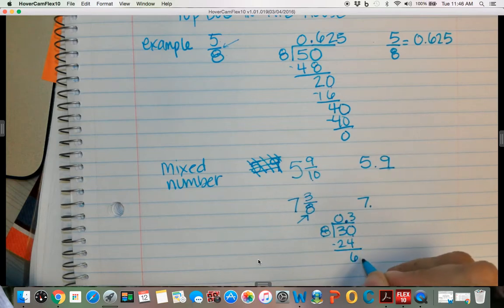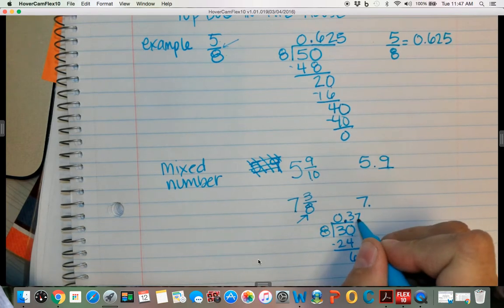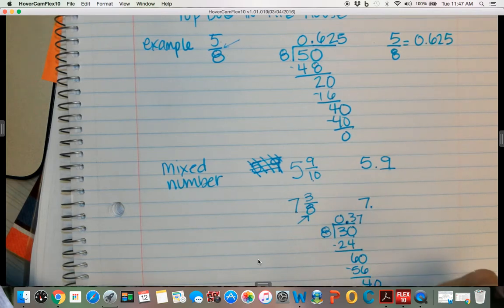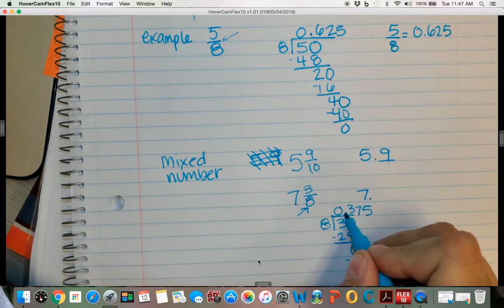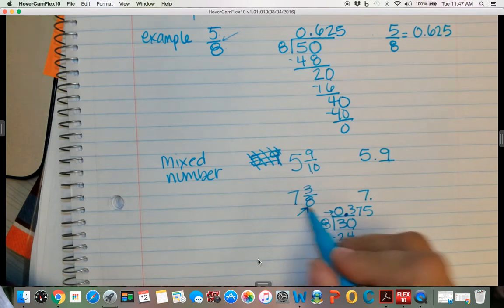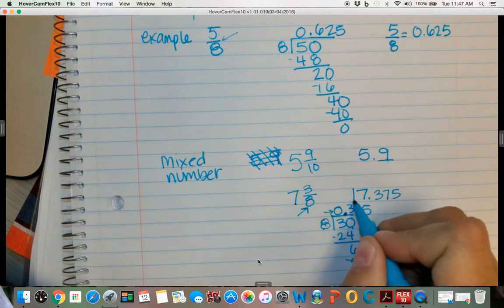I already have my decimal here, so I add my 0. 8 into 60 goes 7 times. 8 into 40 is 5. So my answer is going to be 7.375.